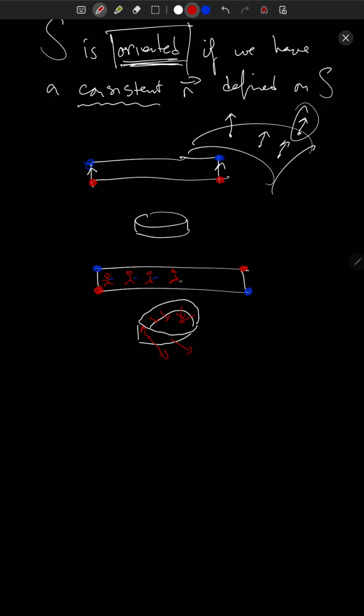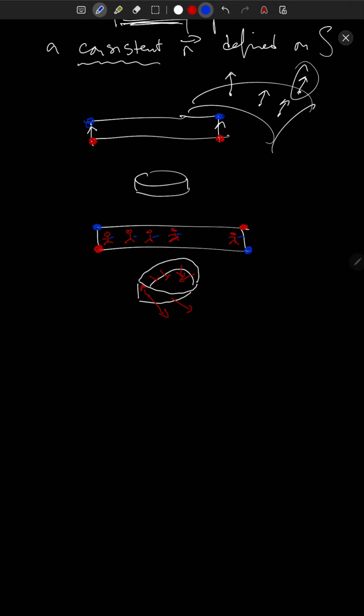What will happen is when you glue these together, at the very end the first person will be superimposed on the second person, and their left and right hands aren't going to match. That's the same phenomenon as not having a normal.